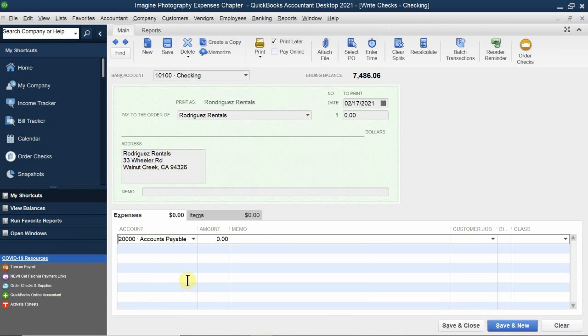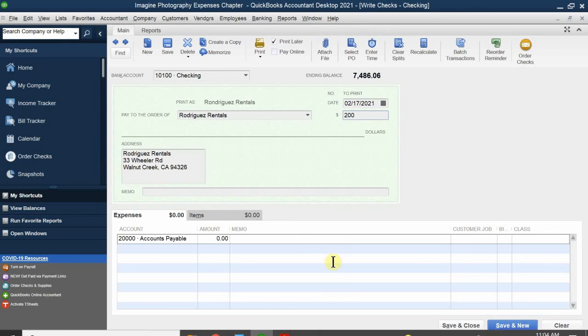And the amount that I'm going to be putting as this down payment is going to be a total of $200. $200 for the Walnut Creek location.